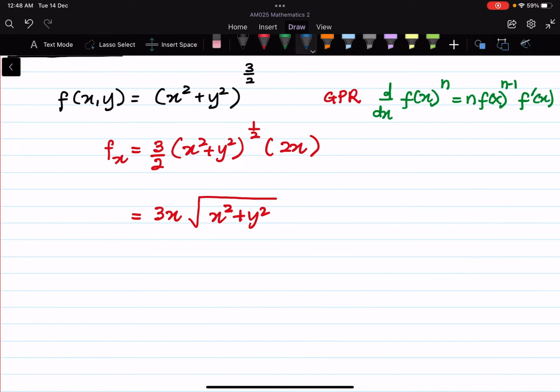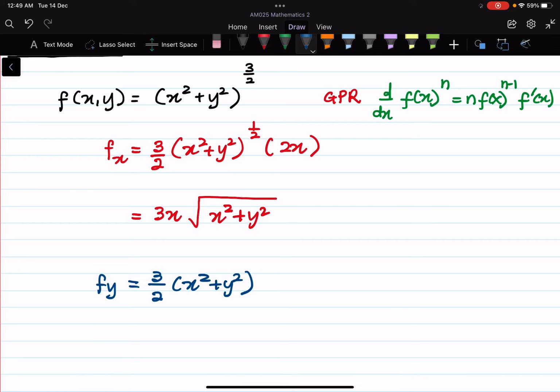So let us find f sub y. Same as f sub x, we also need to use the general power rule, except that we need to differentiate with respect to y. So let's use the general power rule. Bring down the power, copy down the function x squared plus y squared.